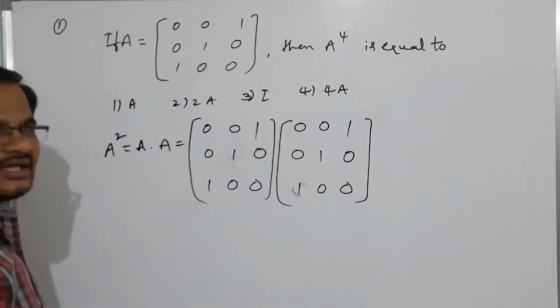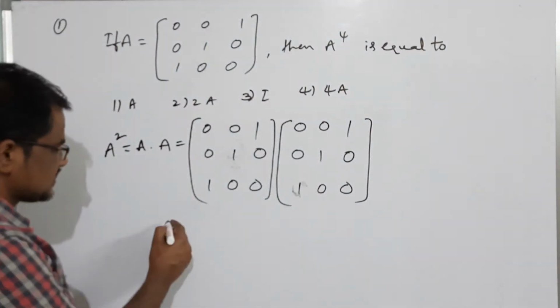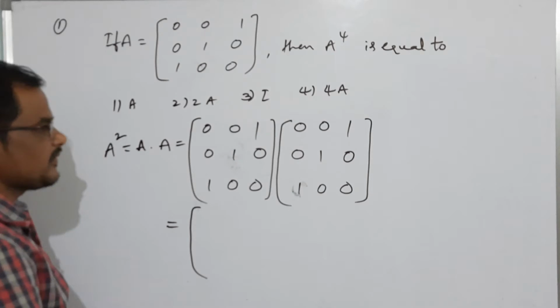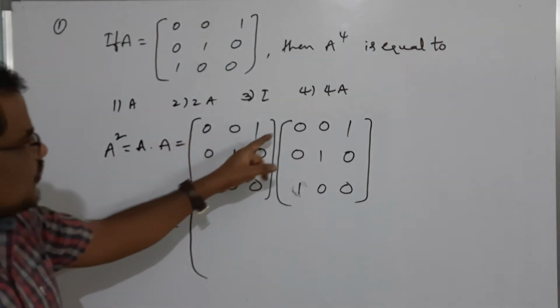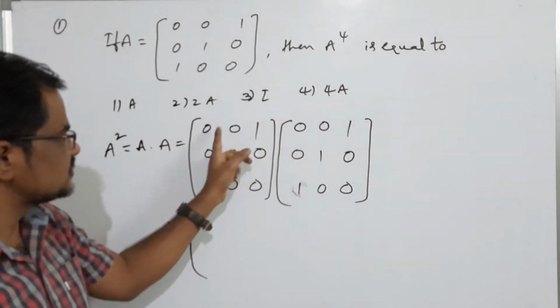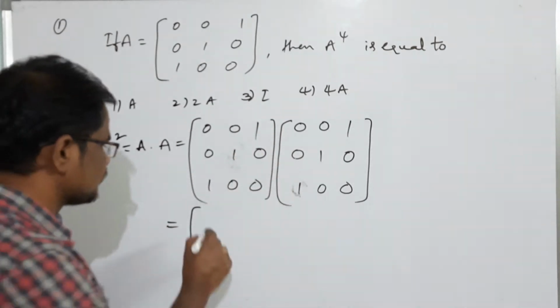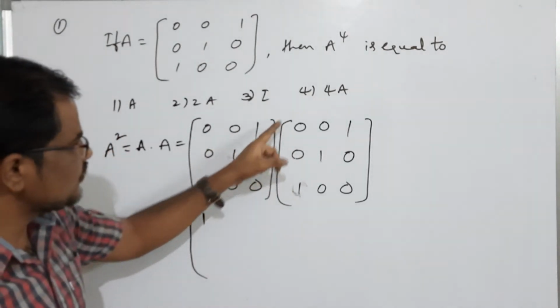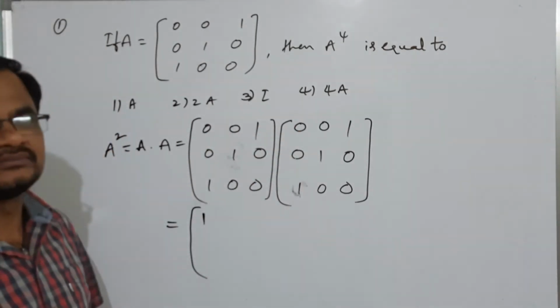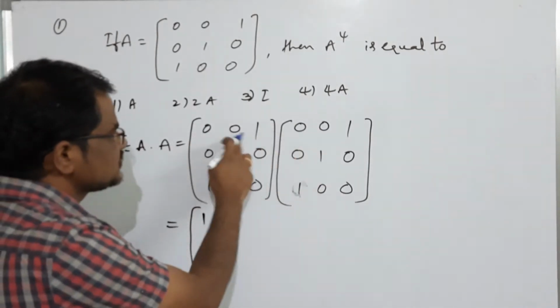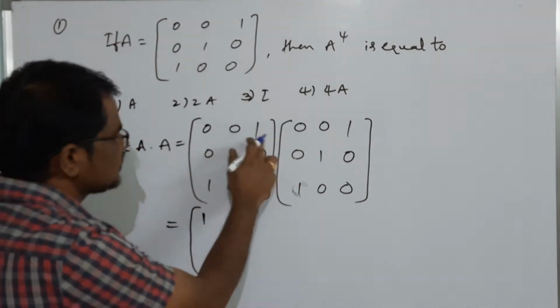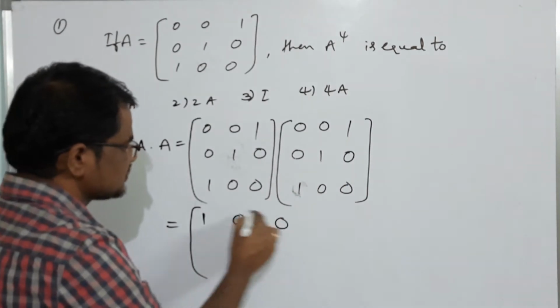Now if you multiply these two matrices, first row with first column, 0, 0, 1, so 1 you will get. First row with the second column, 0 you will get. First row with third column also 0.